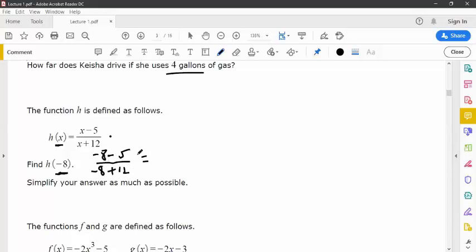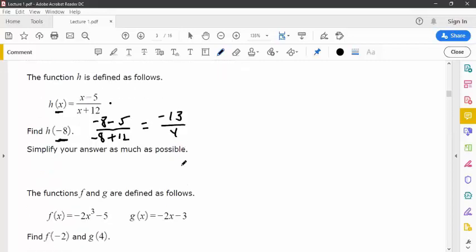So negative 8 minus 5 in the numerator is a negative 13. And in our denominator, we have negative 8 plus 12, which is 4. So it says simplify your answer as much as possible. That just means to reduce the fraction. Leaving it in this form is totally fine.